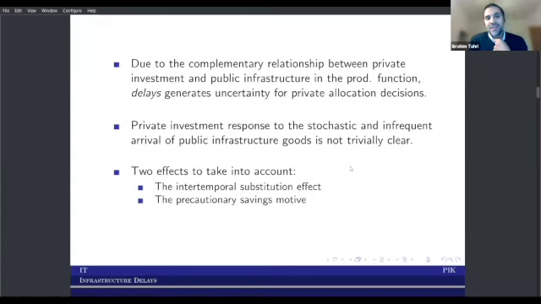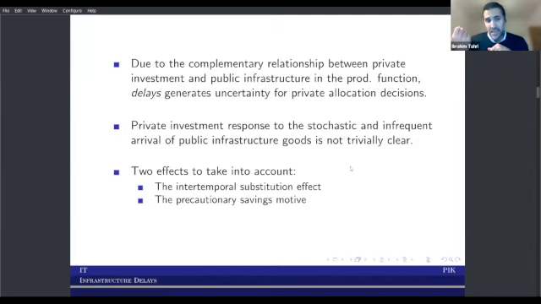Another reason why I focused on public capital is that there is a complementary relationship between private investments and public infrastructure. Here, by the way, it gives you an idea of what model I'm using: the complementary relationship between private investment and public infrastructure in the production function.